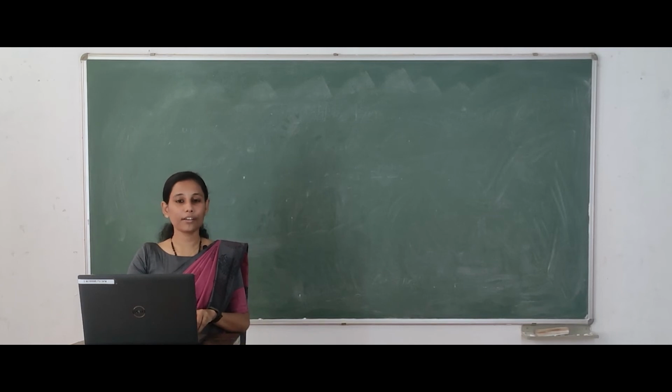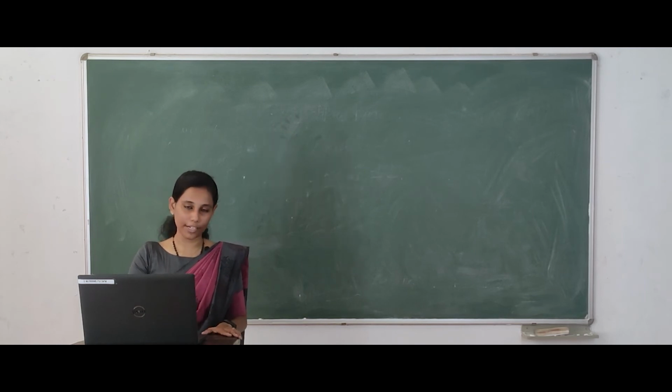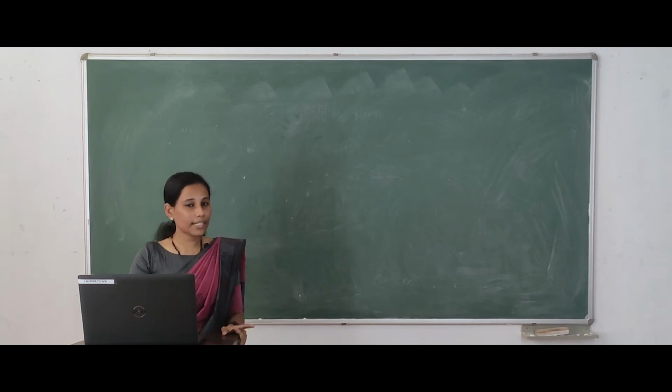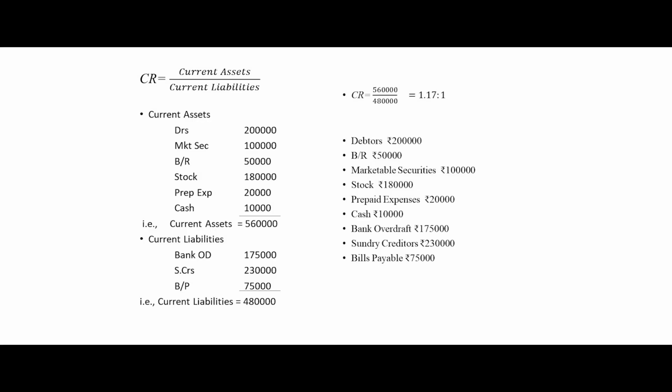In the equation, we have to calculate the value of current assets and current liabilities. Then only we can calculate the value of the current ratio. Here, the current assets include debtors. The value of debtors is rupees 2 lakh. The second item, bills receivable, amount rupees 50,000. Next item, marketable securities, rupees 1 lakh.